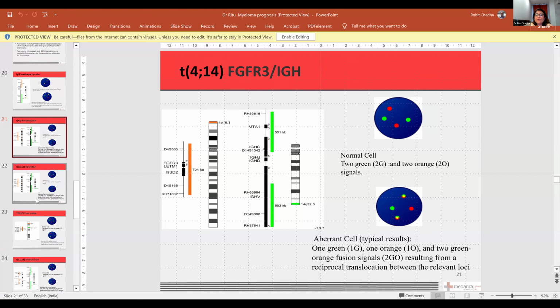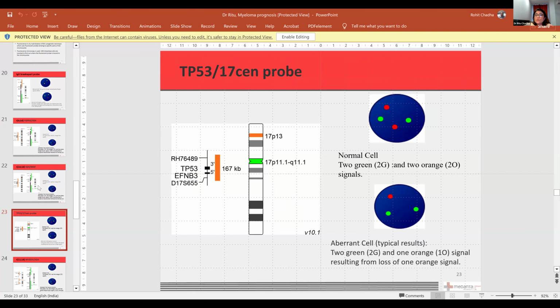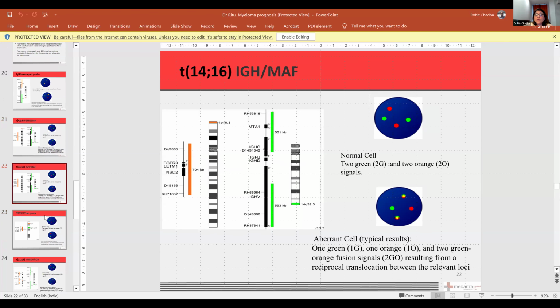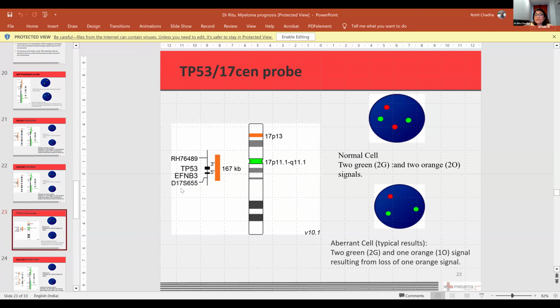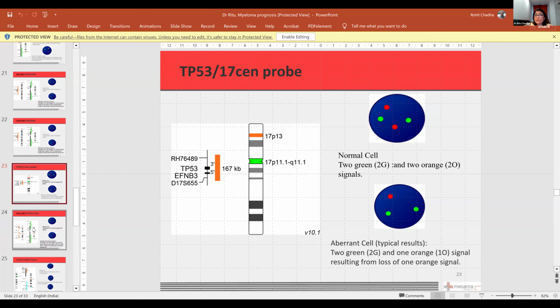Similarly, t(14;16) is also a dual color probe. The TP53 is a probe which binds to 17p and another centromeric position. Again, these are the usual four signals you will see in a normal cell. However, the loss of one orange signal signifies the loss of 17p. So deletion 17p is a very poor prognostic marker.